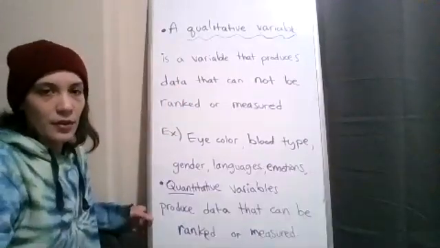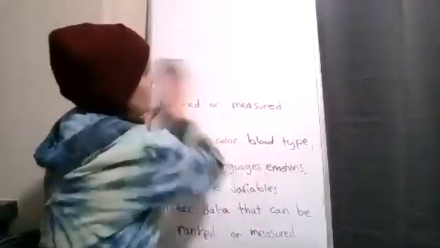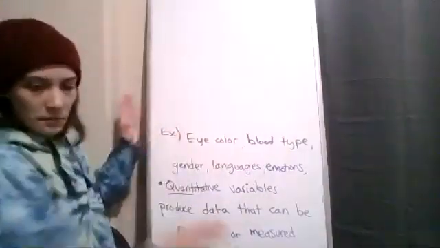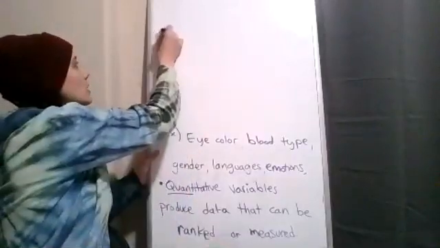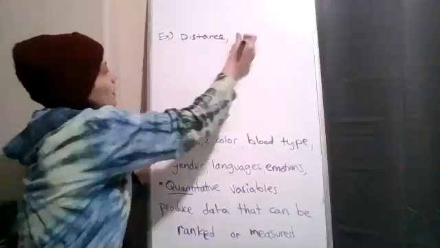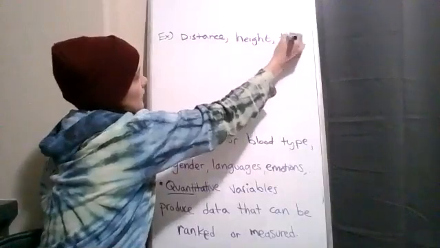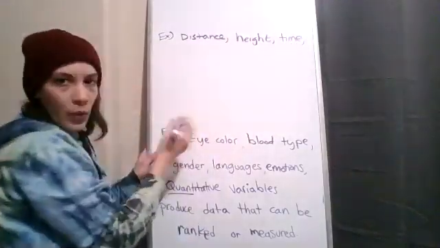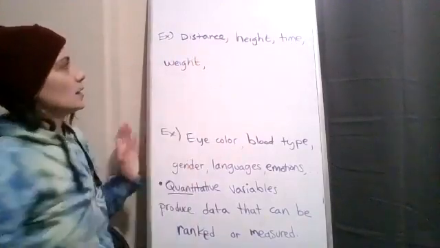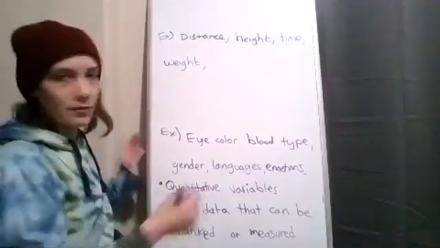Okay, we'll put some examples for quantitative. I put something like distance and time and height, things we're used to measuring. Distance, height, time, weight. Anything else? Put temperature, and we'll end with that.